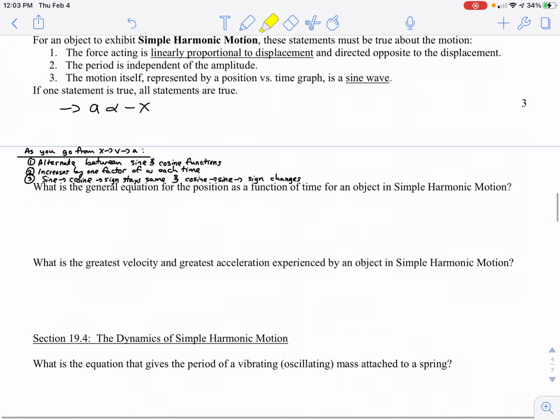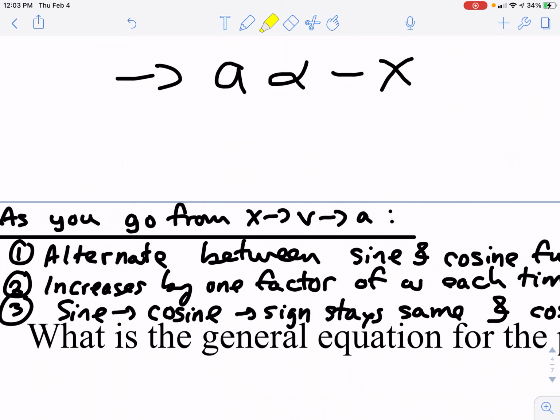Now, for those of you who have a little bit of introduction to calculus, this would be as simple as taking a cosine function, let's say cosine of t, and taking the derivative of that function to get v.